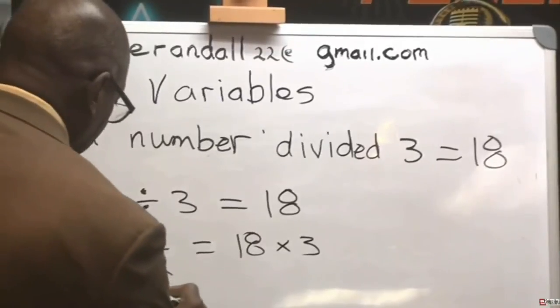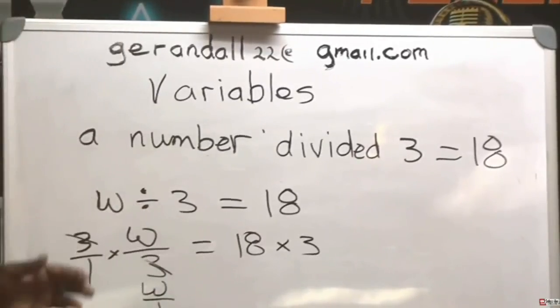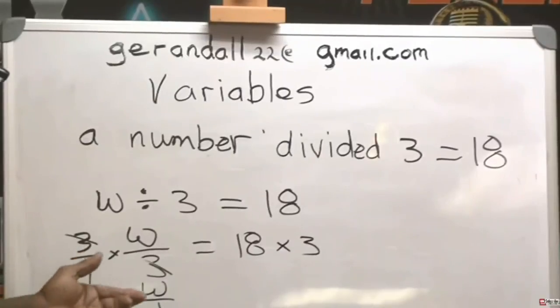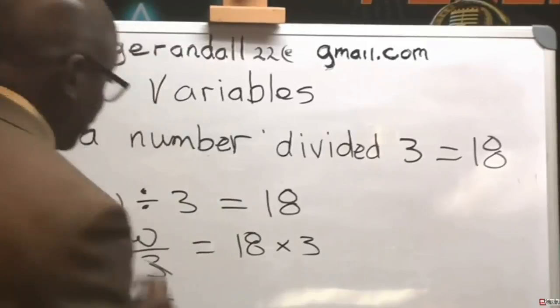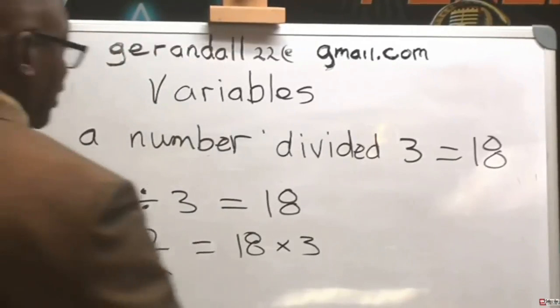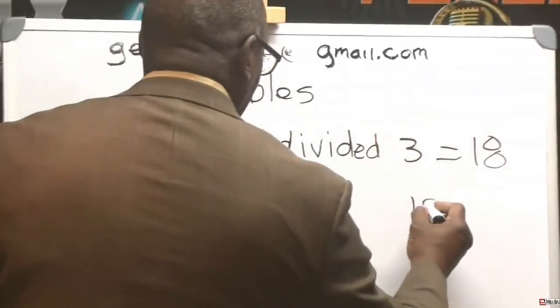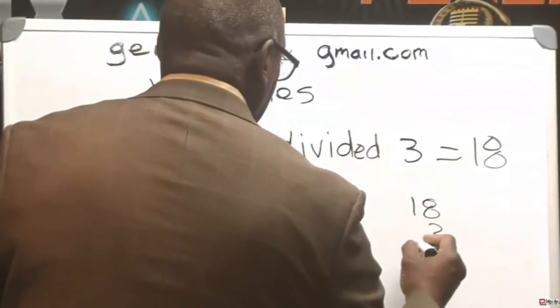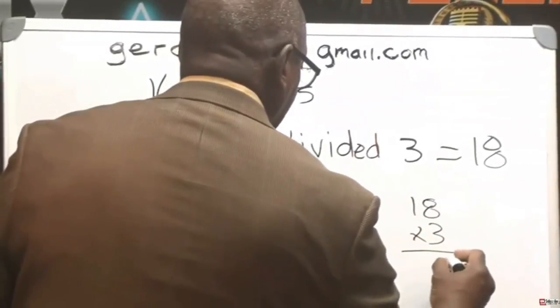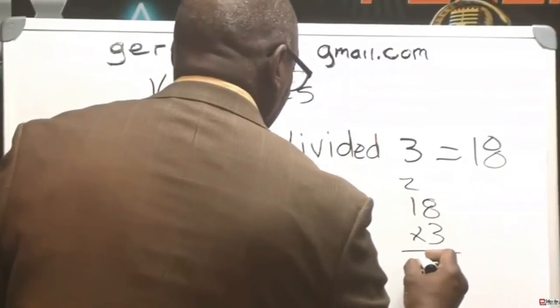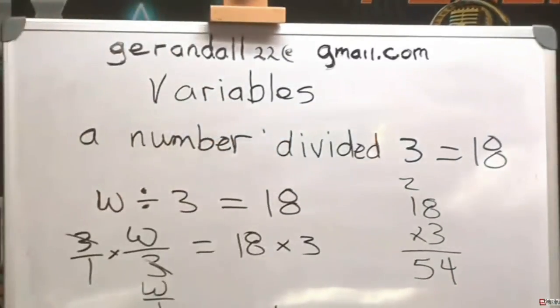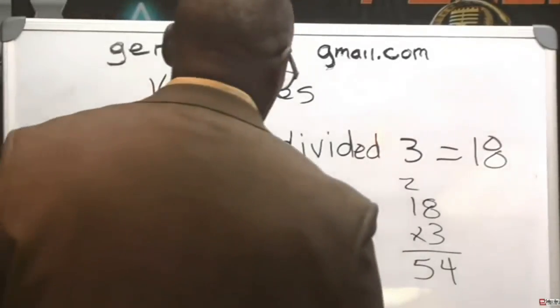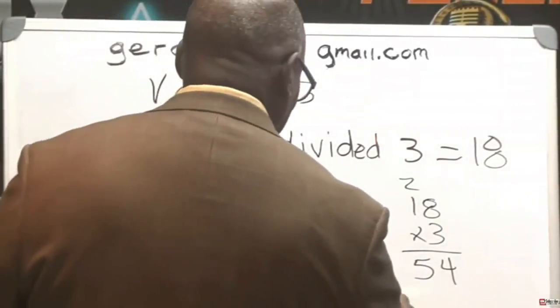And you're left with w over 1, which anything divided by 1 is that thing. And in this case, it's w. And then over here, 18 times 3, 54. w equals 54. How do we check it?